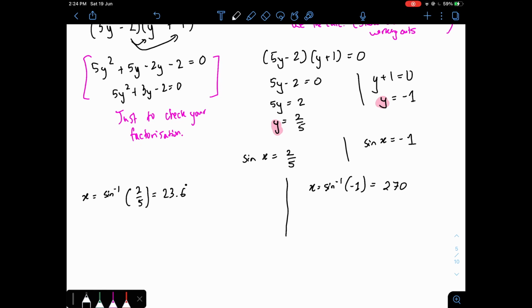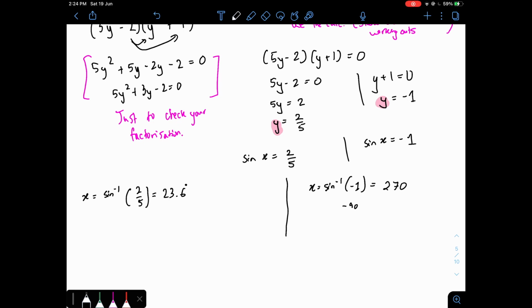So yep, sine inverse negative 1. Make sure your calculator is in degrees. There's always a common mistake there. So it's sine 270, or it's sine 90 or negative 90, but we don't want that.